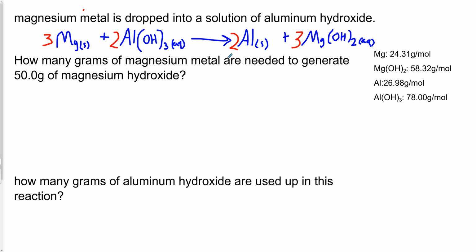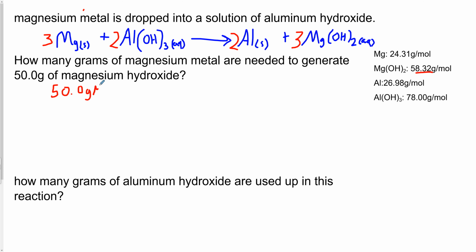So how many grams of magnesium metal, so we're looking for this, do we need in order to make 50 grams of magnesium hydroxide? So I've got all of my molar masses here. So I want to know how many moles of magnesium hydroxide we're looking for. I'll do this one in the separate lines thing. So instead of doing it all in one line, which I really do like, we'll do it the other way, the more broken down way.